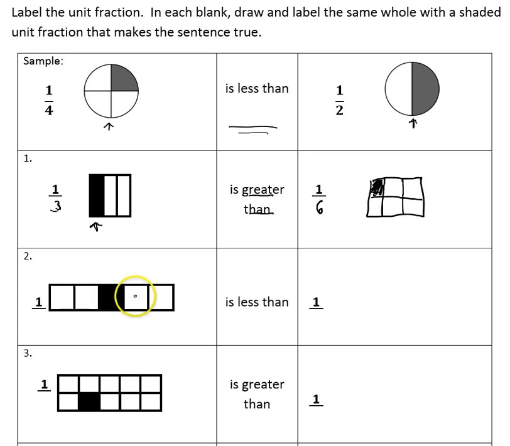In question number 2, I have a rectangle that's been divided into 5 pieces. 1 piece has been shaded, so that's 1/5. My sentence will read 1/5 is less than whatever fraction I draw on the right. So I have to start with the same whole again. And I need to make these pieces greater than 1/5 to make my statement true. 1/5 has to be less than whatever fraction I show on this rectangle.